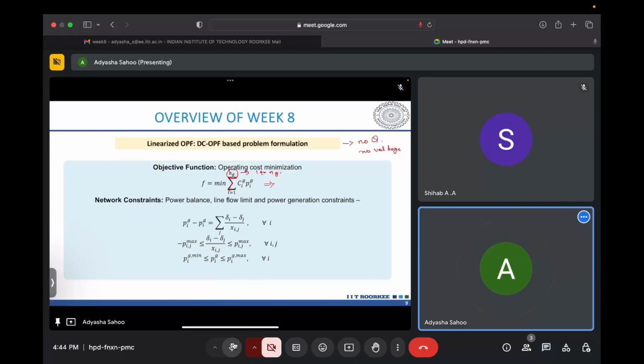And what are your constraints here? Basically, you are considering your power balance, which will be your equality constraint. You have your line power flow limit, an inequality constraint, and power generation, again inequality. So this is your power balance for all bus I. It is a generalized power balance equation for a system which has I buses. So from here you can see the system has I number of buses, ng number of generators.